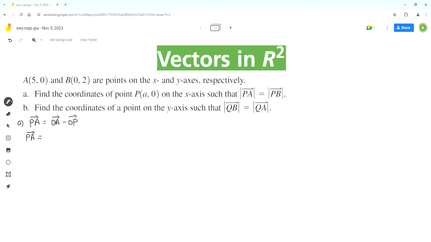So position vector OA is equal to the coordinates for point A, and OP is equal to the given point P. Now we can subtract these vectors.